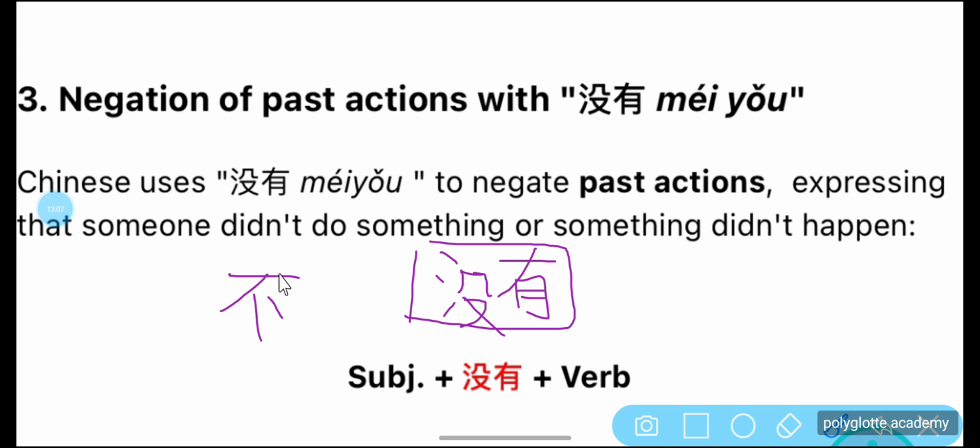That's to negate verbs in the present and in the future. But we use 没有 just to negate past actions. So Chinese uses 没有 to negate past action, expressing that someone did not do something or something did not happen. So the structure will be subject plus 没有 plus verb.